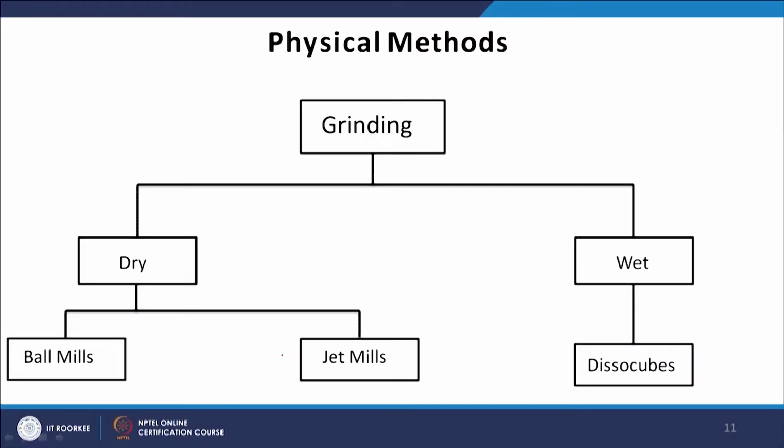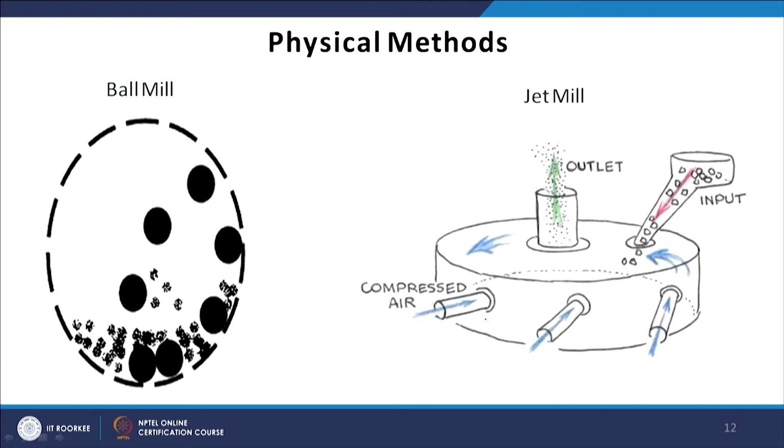Now, grinding can be classified as dry grinding or wet grinding. For dry grinding, a very commonly used technique is ball mills. In metallurgical engineering or material science, people use ball mill grinding for making smaller particle sizes, and then there are jet mills, and for wet grinding there are disco cubes. Now, a ball mill has a very simple geometry.